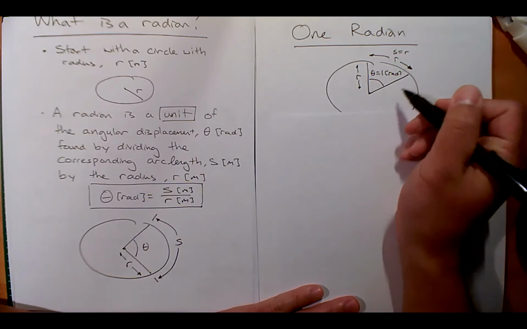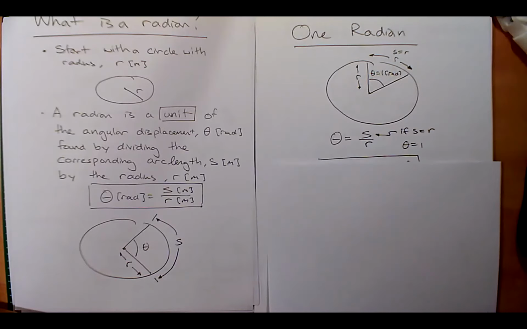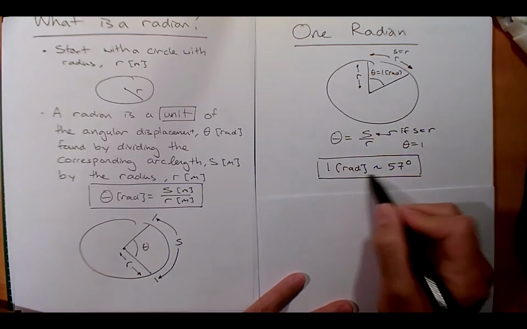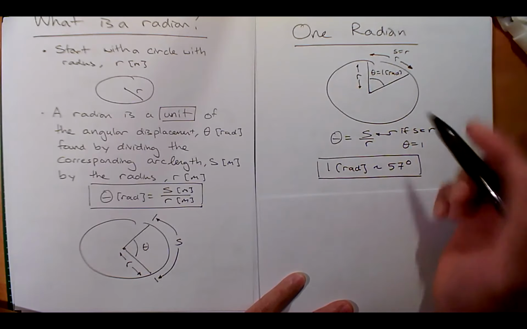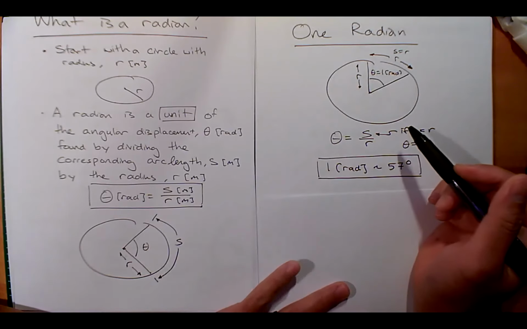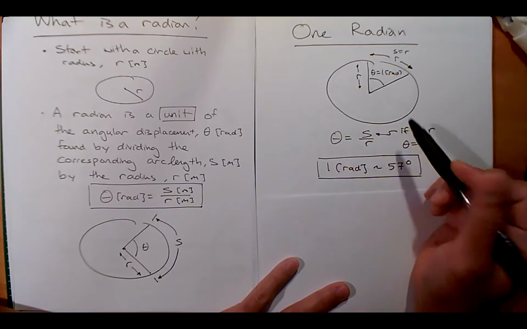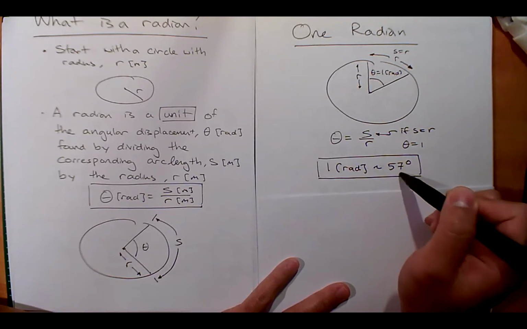That's what it feels like, a piece of pizza, right? That's 1 radian. So 1 radian, if you're close, is 57 or about 60 degrees, right? So when you hear 1 radian, I want you to have that intuition that it's about 60 degrees, okay?